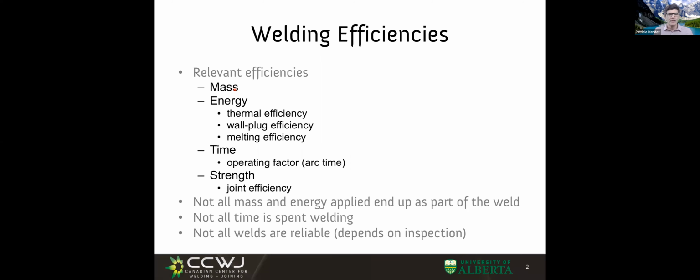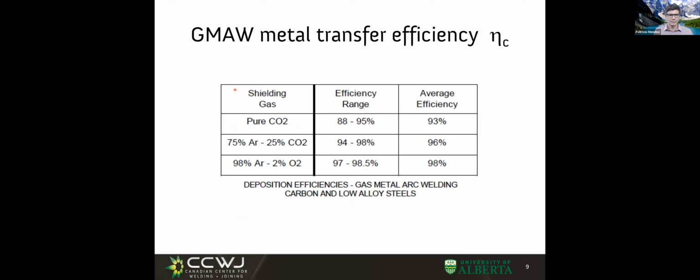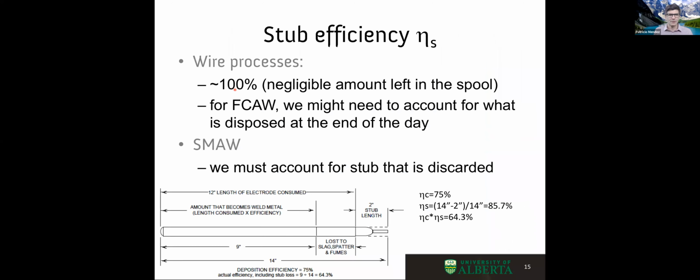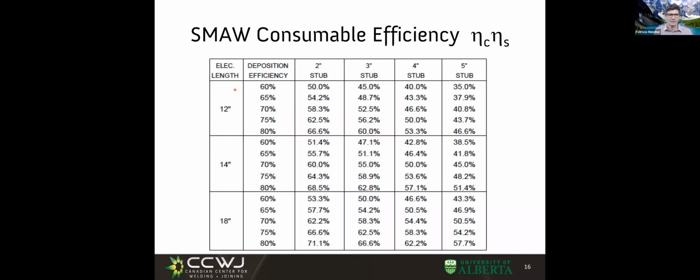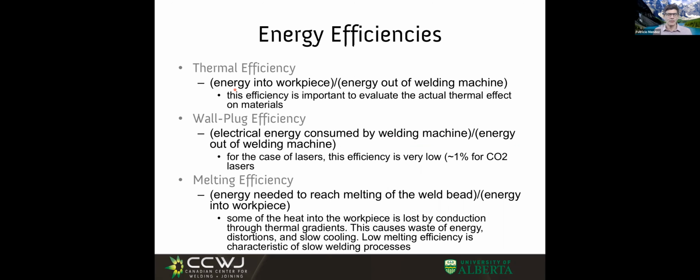We saw that. Then we started to talk about energy. All this was about mass. And we talked about the thermal energy. Thermal efficiency is how much went into the workpiece divided by how much came out of the machine.